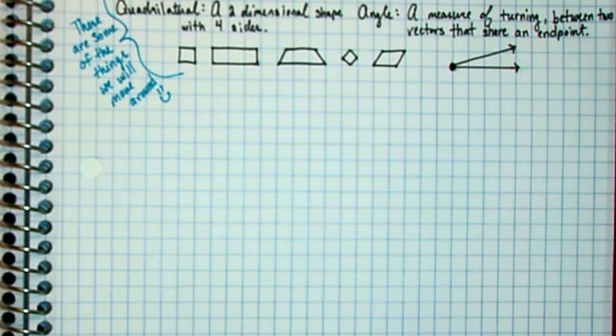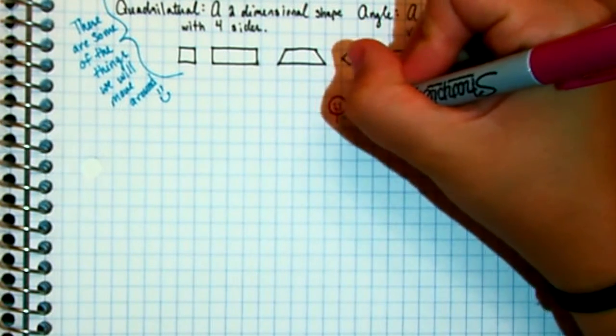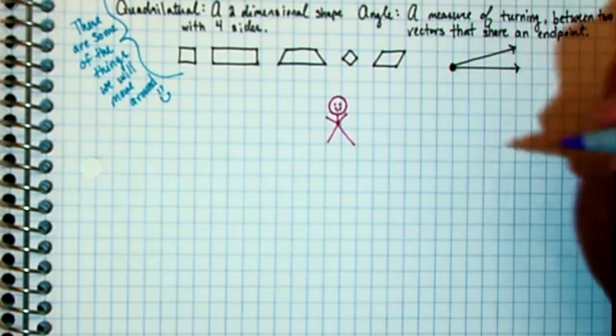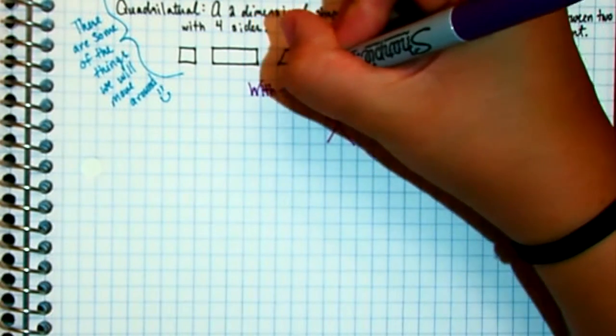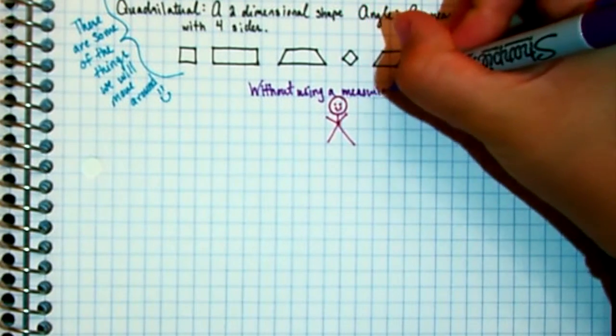So what's different about the concept of transformation is we're going to move around these different things on our coordinate grid without any measuring tools. So that means no rulers, no compasses, none of those things to really help us to decide whether or not the shape that we're moving is following the laws of a transformation.